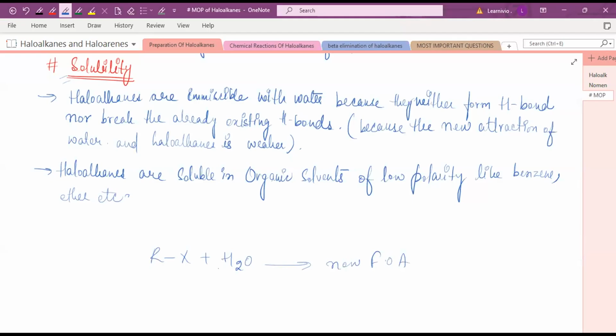Hence RX is immiscible in water, but miscible in low polarity organic solvents.